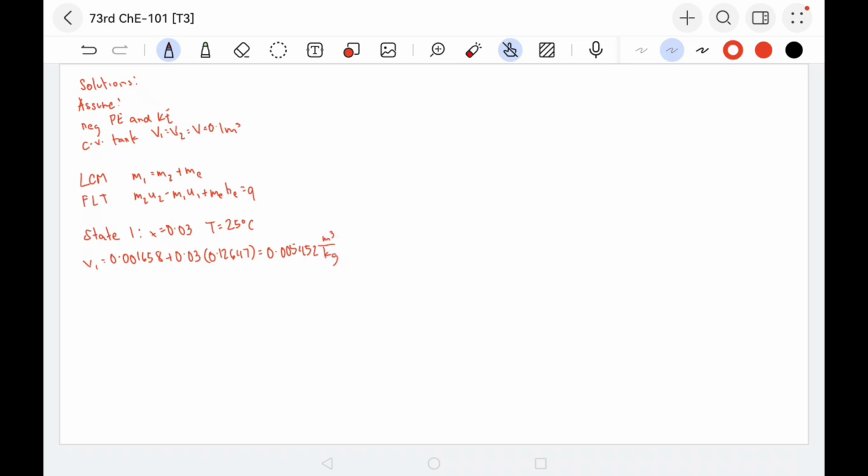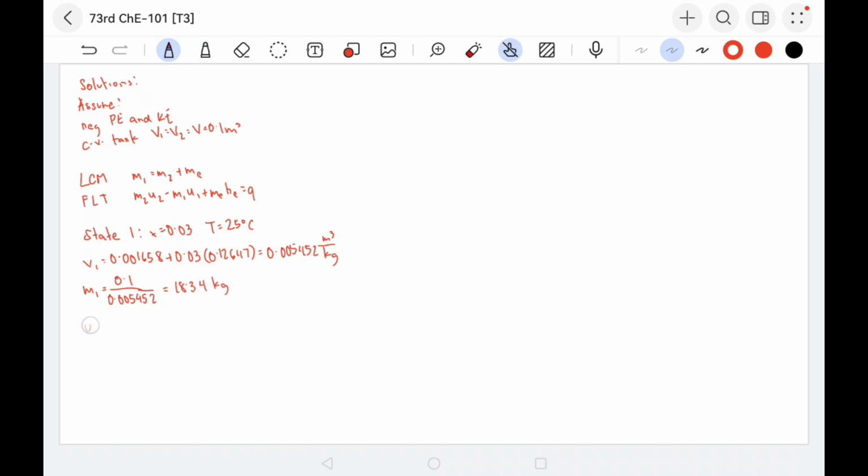And since we know our specific volume, we can now get our M1, which is 0.1, which is our volume, over our specific volume of 0.005452 to get a value of 18.34 kilograms.